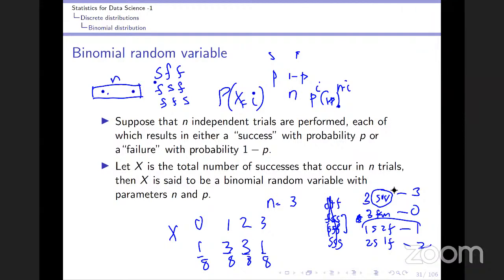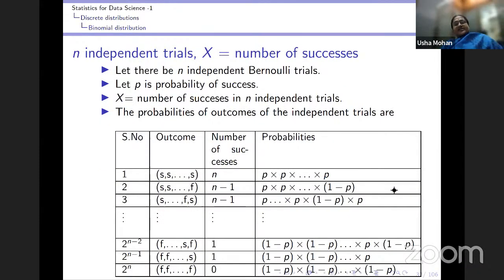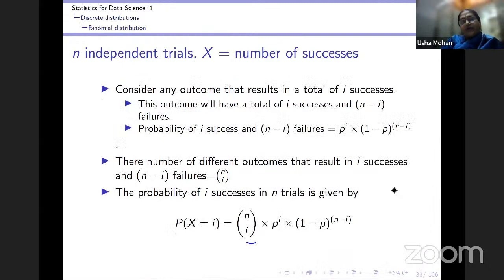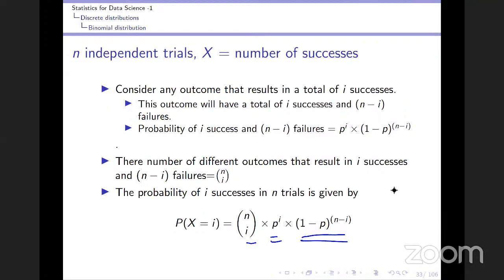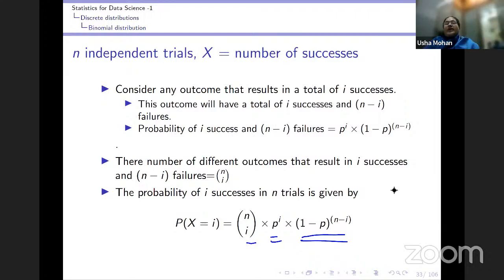So the probability of X equal to i is nothing but n choose i, p to the power i, and 1 minus p to the power n minus i. Is this clear? This is what we call the probability mass function of a binomial distribution.